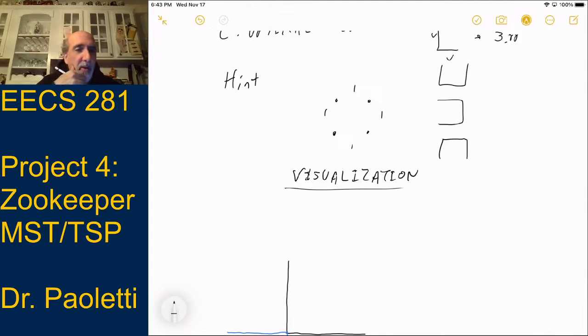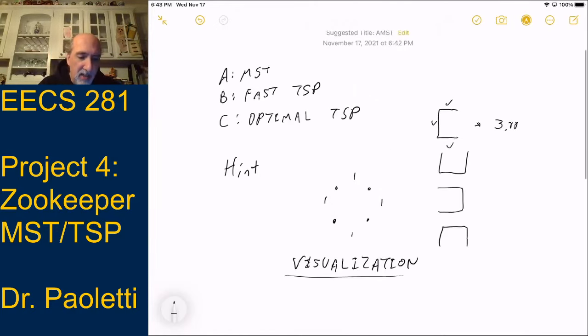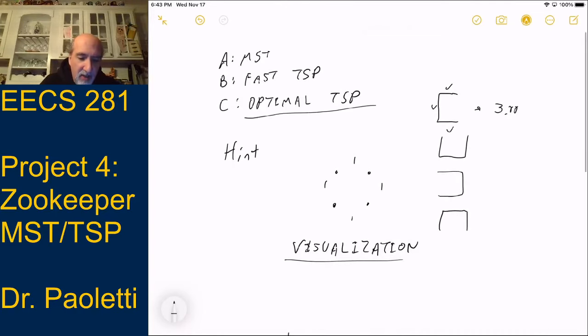One other thing to be careful of, in any part of this project, you have to be careful if you're running a big input inside of your IDE, because by default your IDE is a debug build and that could be run slower. In Part C, it doesn't have to be that many vertices for Part C to be big, because Part C, the optimal TSP, is O of V factorial.